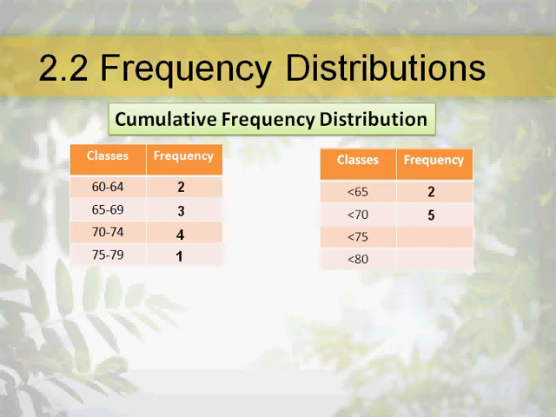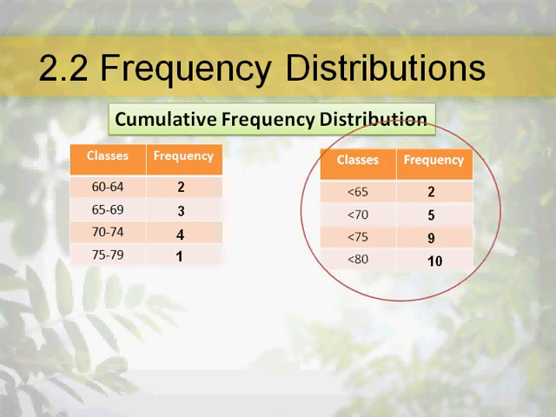That is 3 of the data and 2 of the data give us 5. Continuing on, we see that 9 of our data are below 75 and 10 of our data are below 80. So, in effect, we are taking our frequency distribution that we originally had, but just adding each row to the previous row.